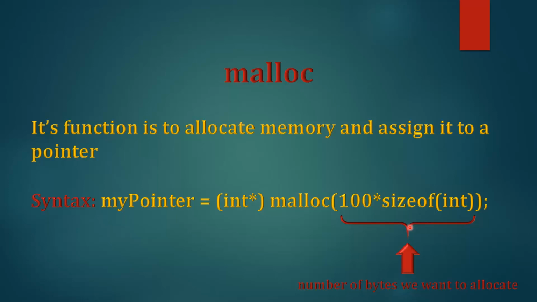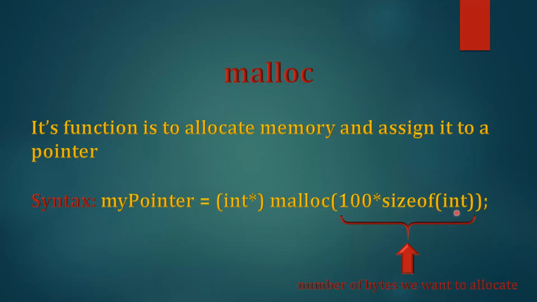Understand it carefully, it is very important. For example, we want to assign a block of memory which is able to accommodate 100 integer numbers. So, what will be the memory size? It will be 100 multiplied by size of one integer.